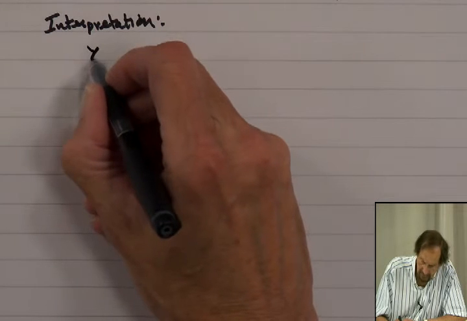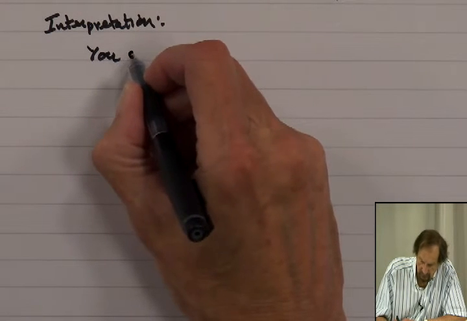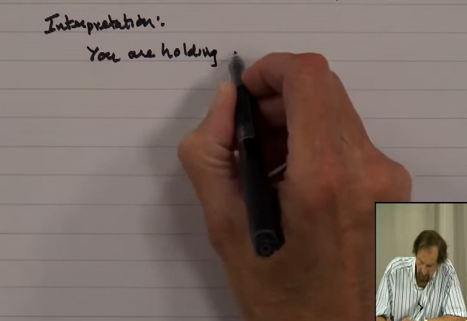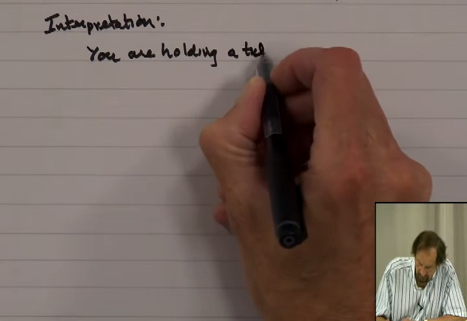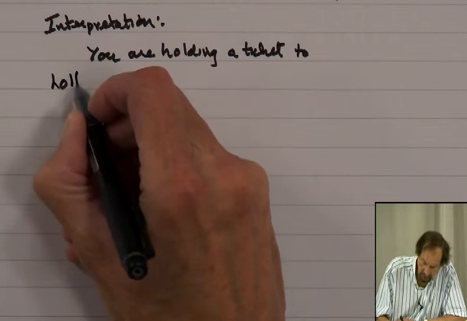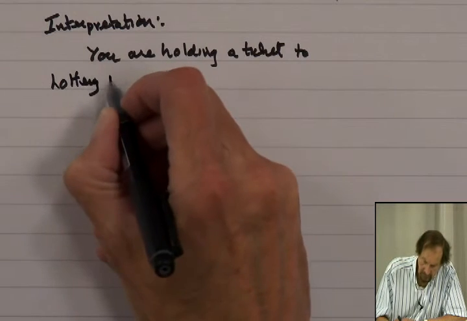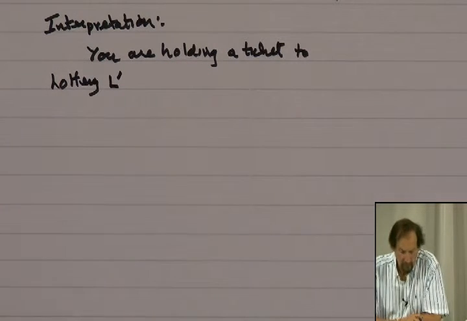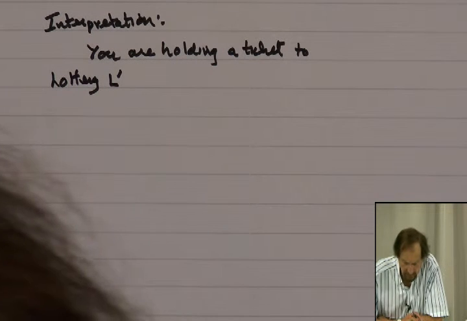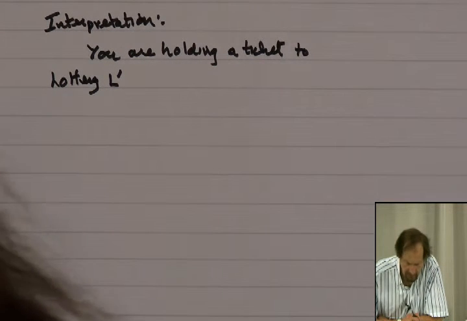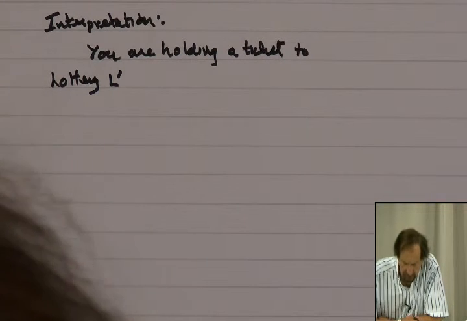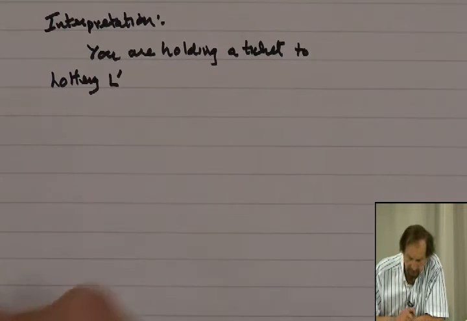Okay, interpretation. You hold a ticket to lottery L prime. Now, lottery L prime has, as the worst case, that you lose $5,000. You can win $10,000 or you can lose $5,000.